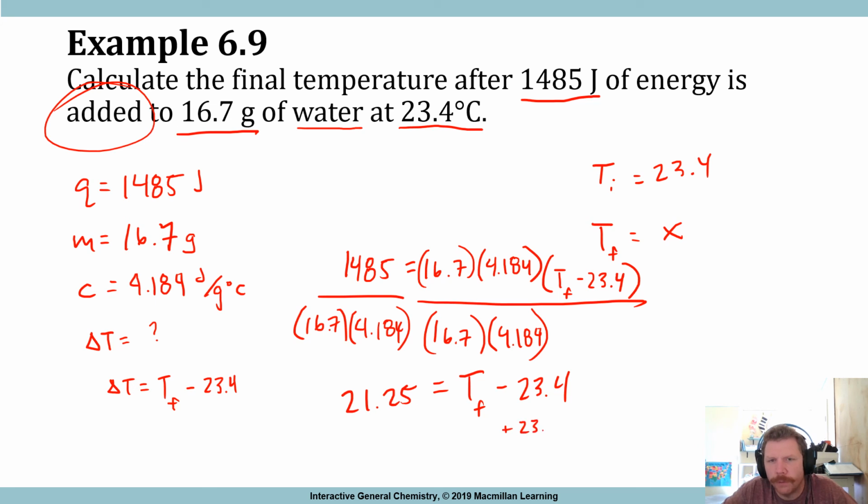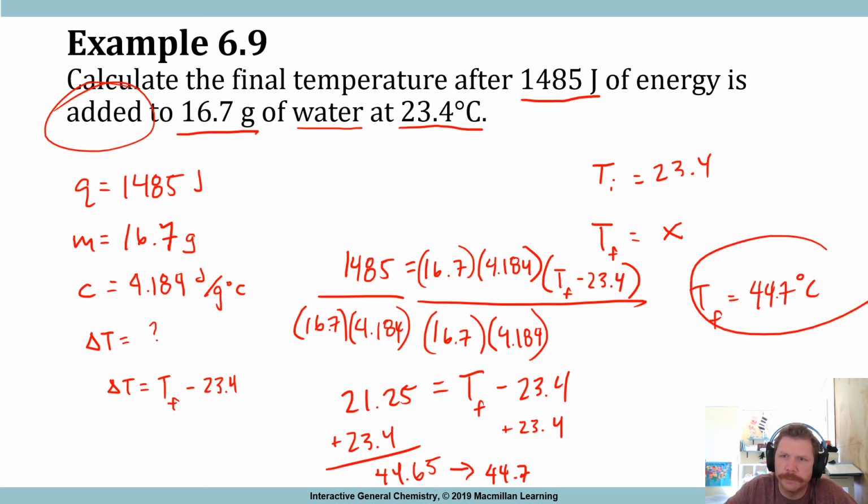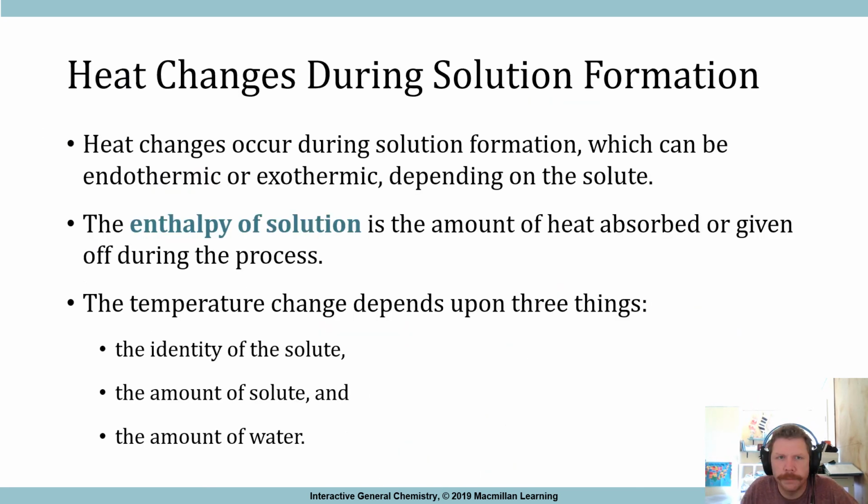Add 23.4 to each side, and we're left with 44.65. Based on sig figs, we have to round that to 44.7. So our final temperature, T sub F, is 44.7 degrees Celsius. That would be our answer, which makes sense because our temperature went up based on all this energy being added.